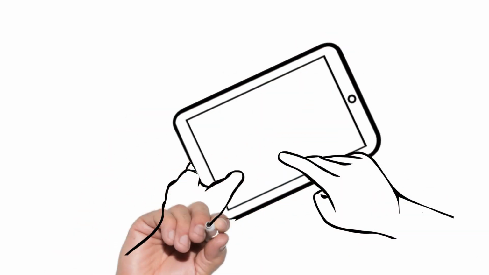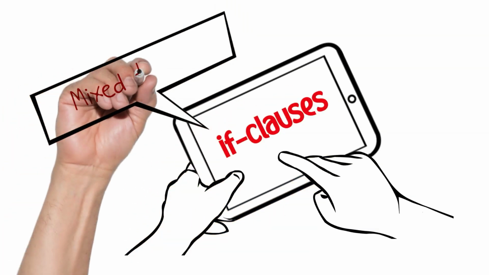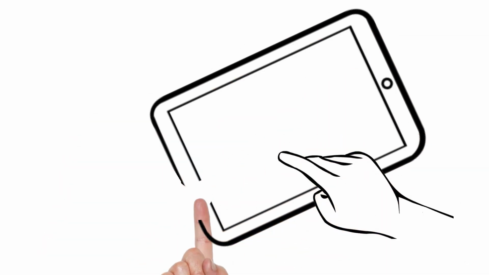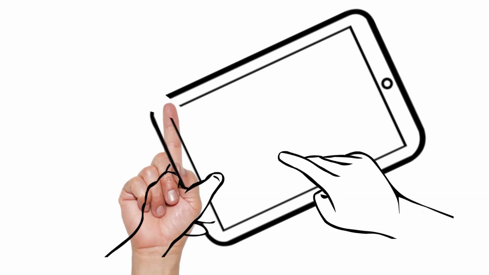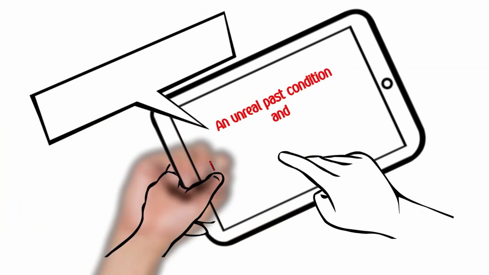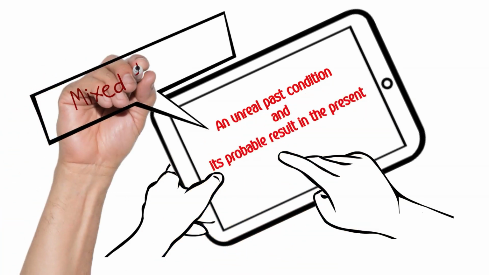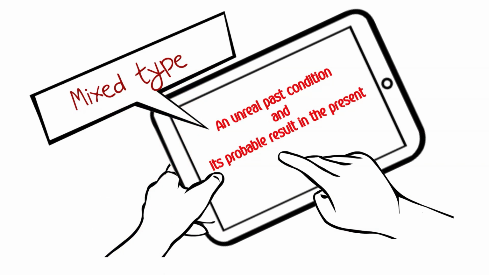Now, as a bonus part, we have another form of if clauses, mixed type. In mixed type, we mix type 2 and 3. Sometimes we talk about an unreal past condition and its probable result in the present.